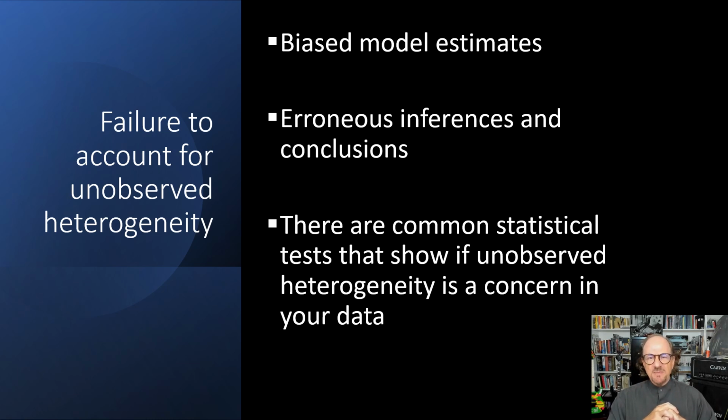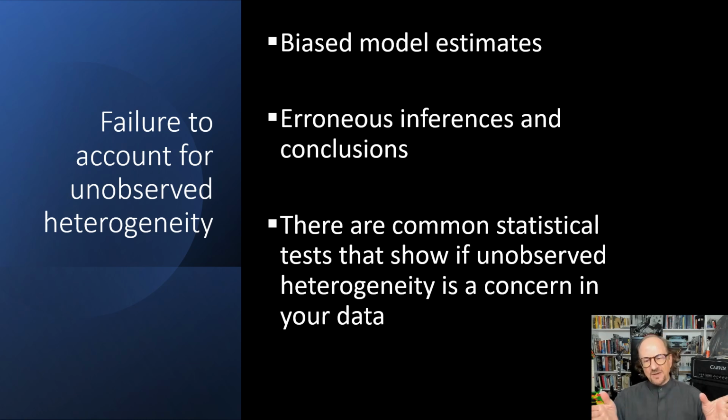So what happens if you ignore this unobserved heterogeneity? Well, you can show mathematically that you'll get biased model estimates. You can get erroneous inferences and conclusions. You could say that, yes, the ITS project was effective when it really was not, and your results were affected by the fact that you did not account for unobserved heterogeneity in your data.